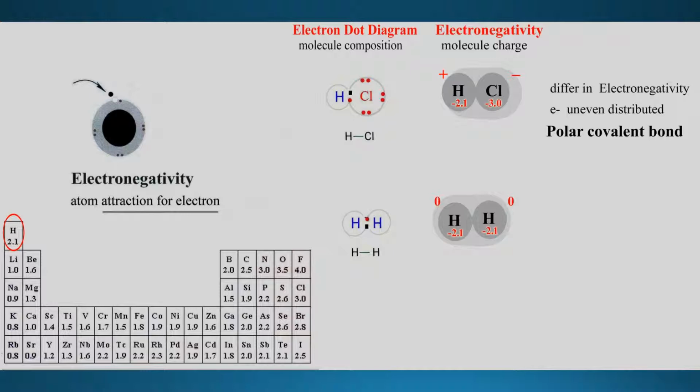So how will the electron distribute this time? They have the same electronegativities, so the electron will be shared equally. So this is going to be a non-polar covalent bond.